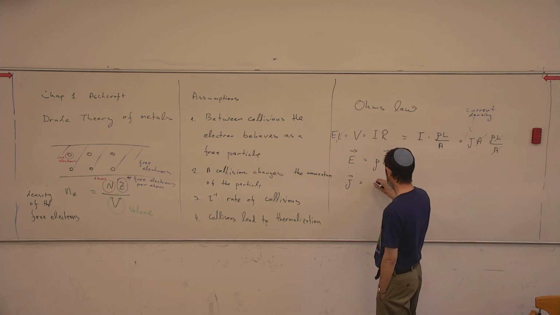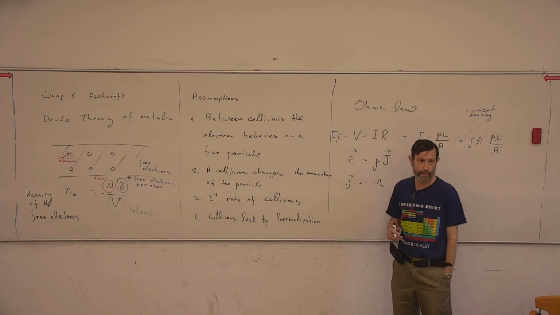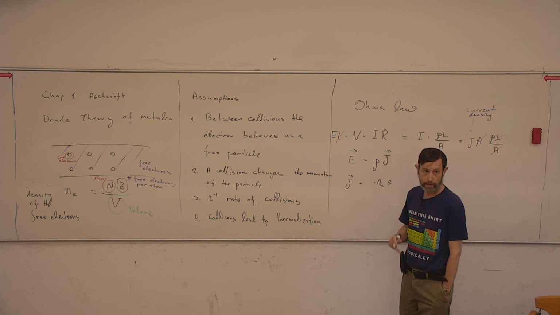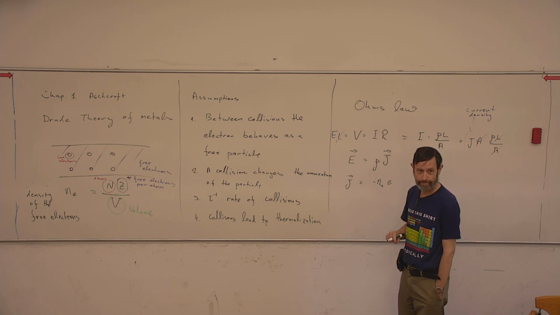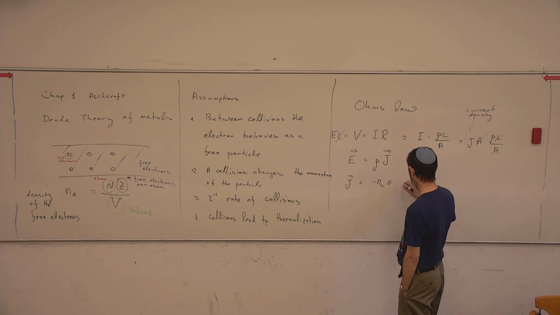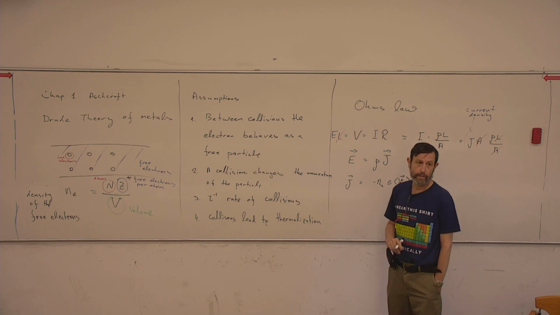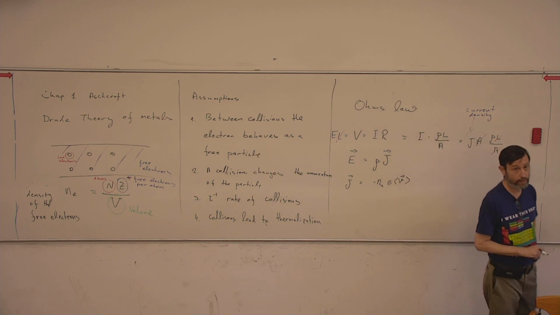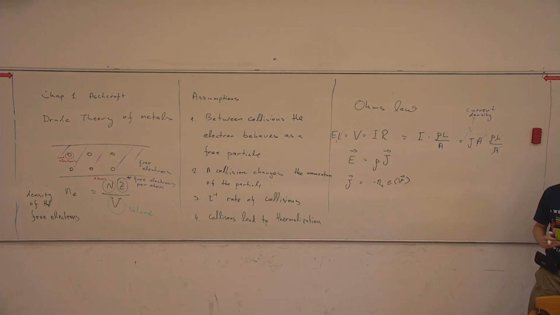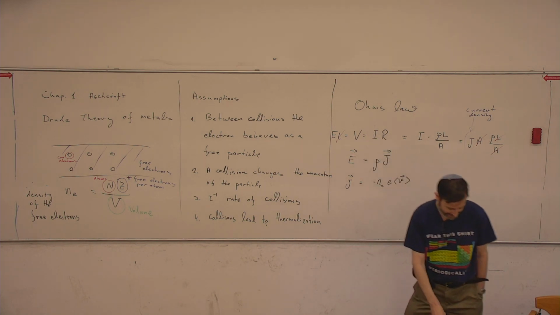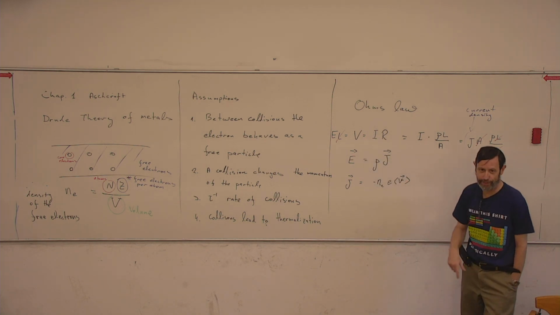Well, number of electrons times the charge times the average velocity. So I'm sorry that everything here is V: volume, voltage, and velocity.